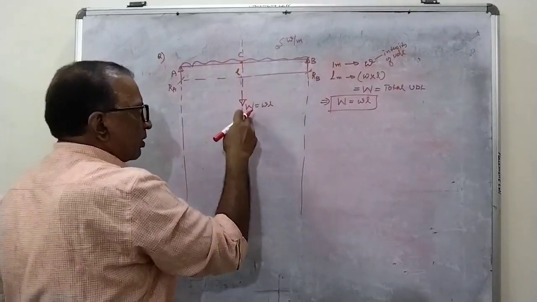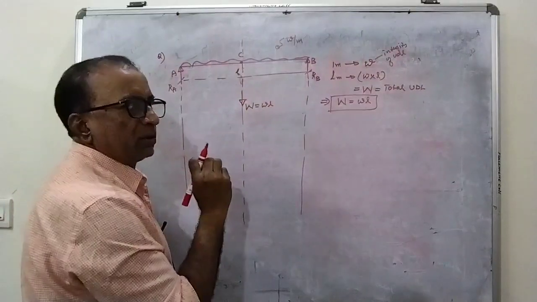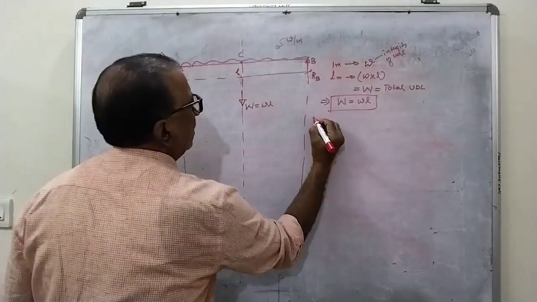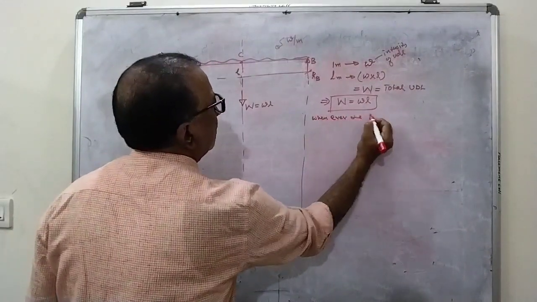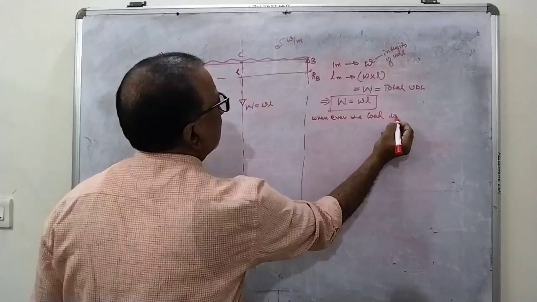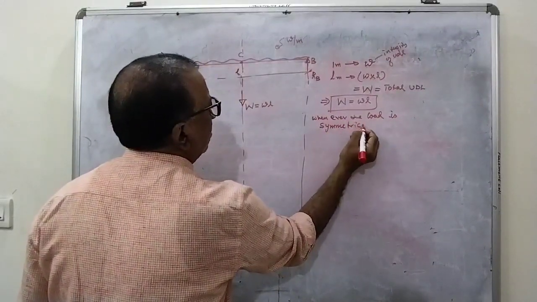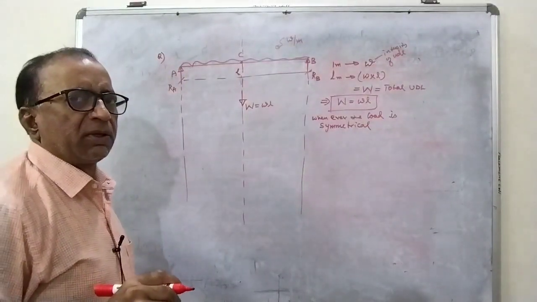Since there is only one load acting and that too at the center, it is called a symmetrical load. Whenever the load is symmetrical, your RA, RB... When can you call a loading system a symmetrical system?